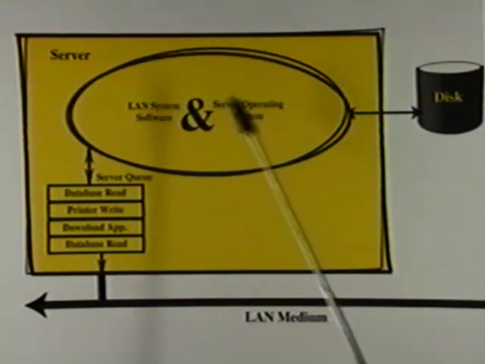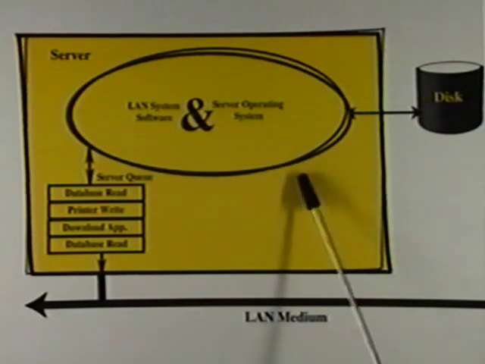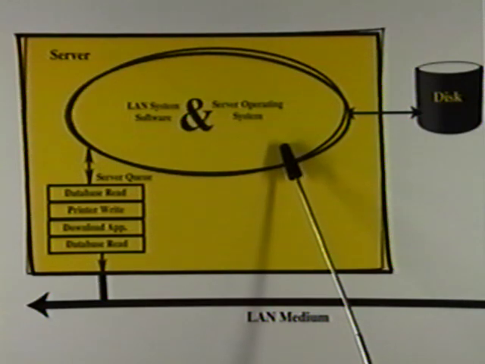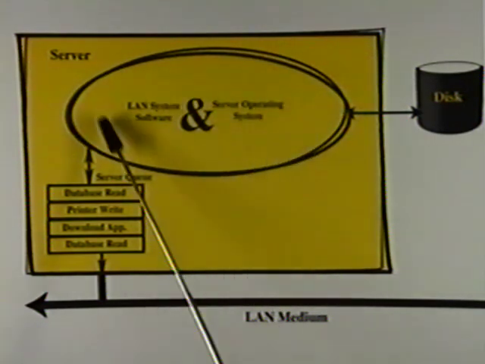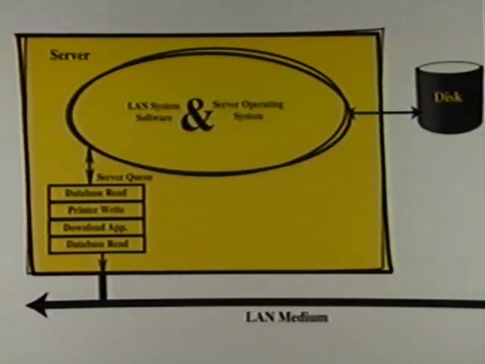Another disadvantage is that the development effort to integrate the software components takes longer. Maintaining the integrated software components is also more complex, and troubleshooting is also more difficult because now you don't know if it's the LAN system software that's messing up or the server operating system software portion of the integrated package that's actually causing some problems.